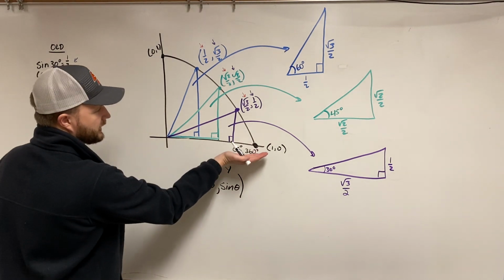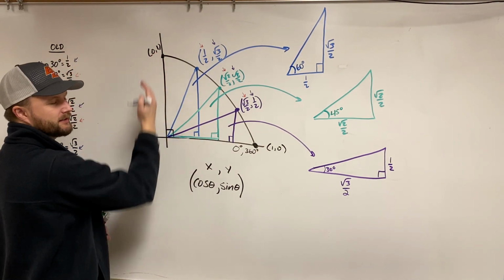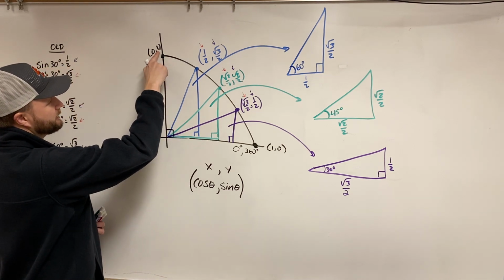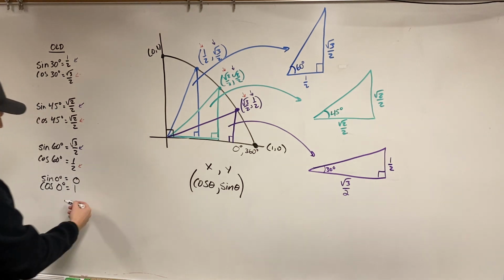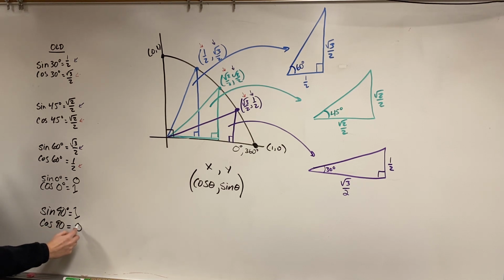Or we didn't really talk about all the way up here at 90 degrees, all the way straight up, 90 degrees or pi over 2. So the cosine is 0 and the sine is 1. So those also flip-flop. The sine of 90 degrees equals the y value, which is 1, where the cosine of 90 is 0.